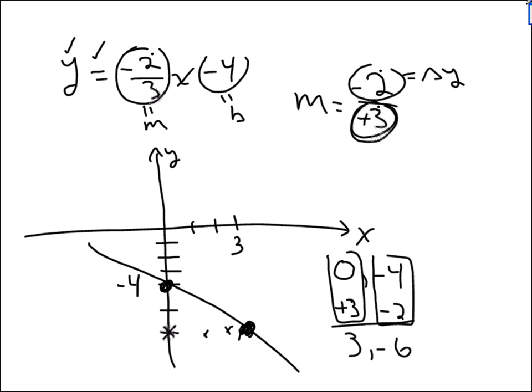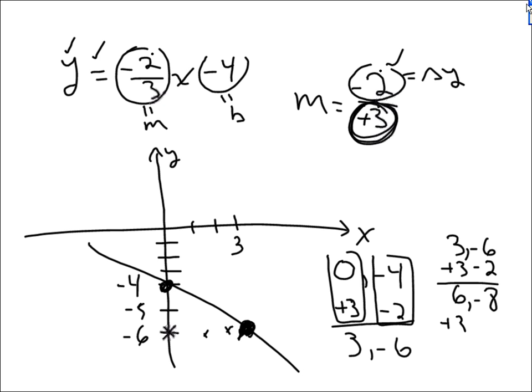And what do you know? That point that I put down right here is 3, -6. If you wanted another point, we now have 3, -6. You take away 2 from the y, and for the x you add 3. Then you'll get 6, -8. You want another point, add 3 to the x, take away 2 from the y. And you can do this all day long.